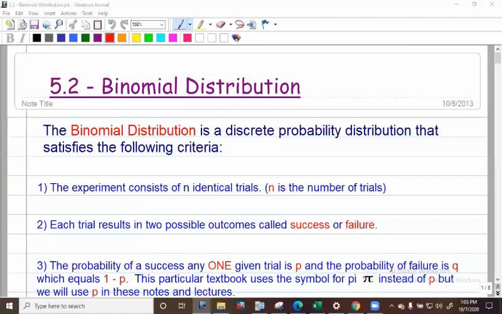Now, the binomial distribution is a specific type of discrete probability distribution. There are several. We don't have time in a class like this to study them all, but there's one called a Poisson, a geometric, a hypergeometric, and they are discrete distributions that have specific rules applied to them.